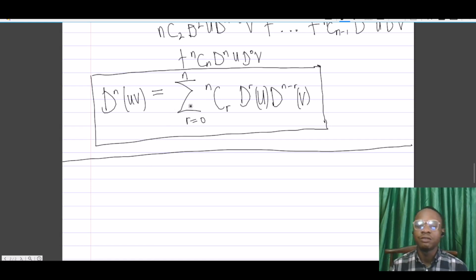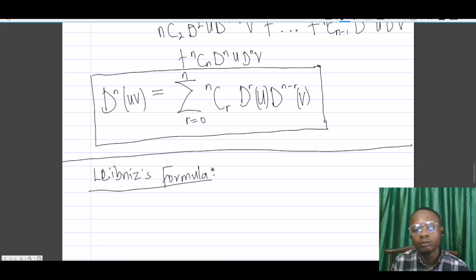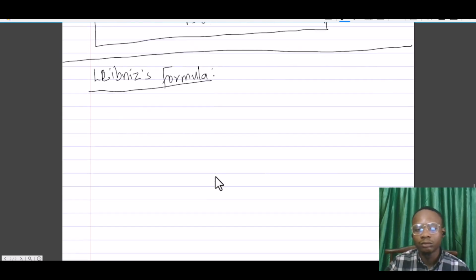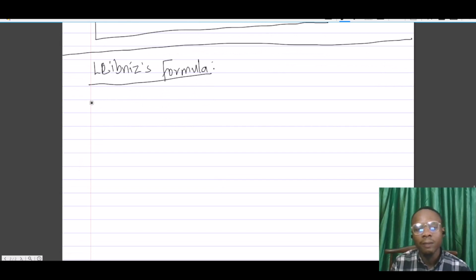Let's examine a proof of this statement using mathematical induction, like we did for some other formulas we've obtained in the past. Okay, so we say, Leibniz formula. Let u, v be some functions that take in I, which is a subset of real numbers, and produce real numbers.